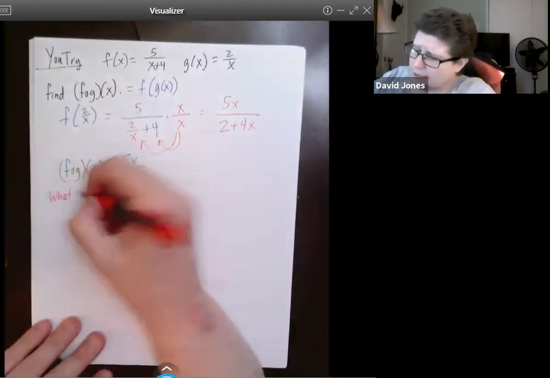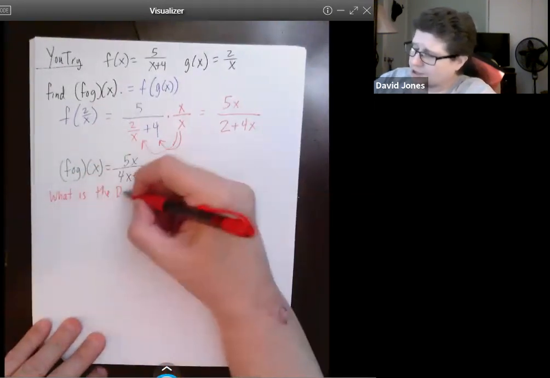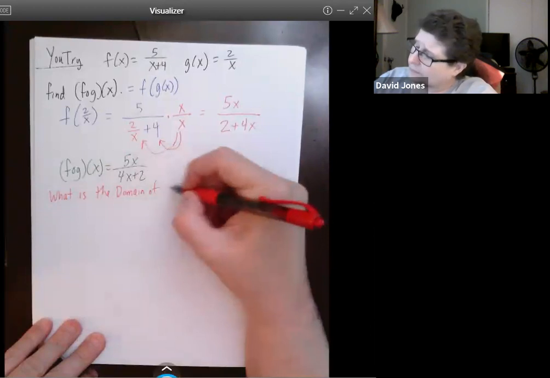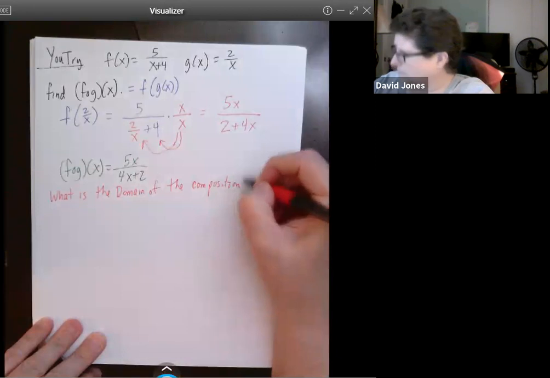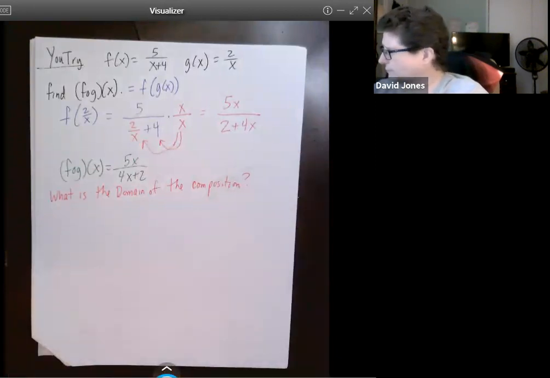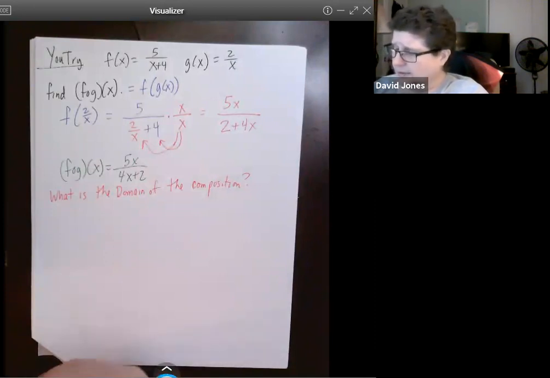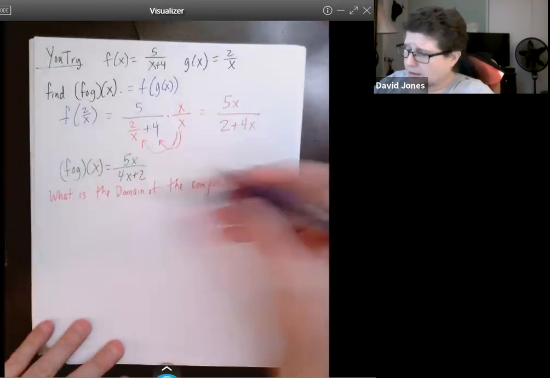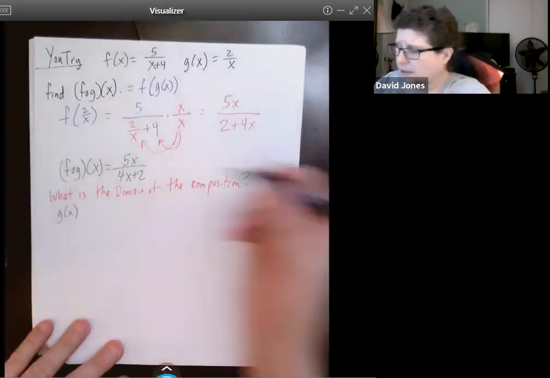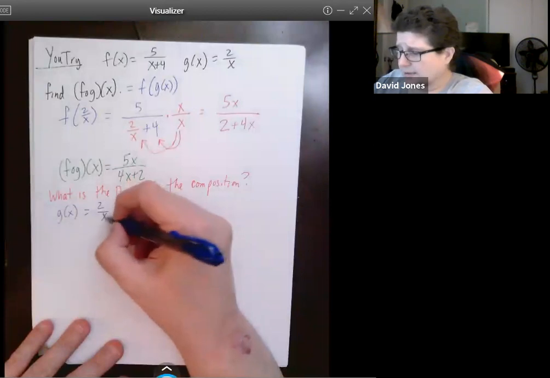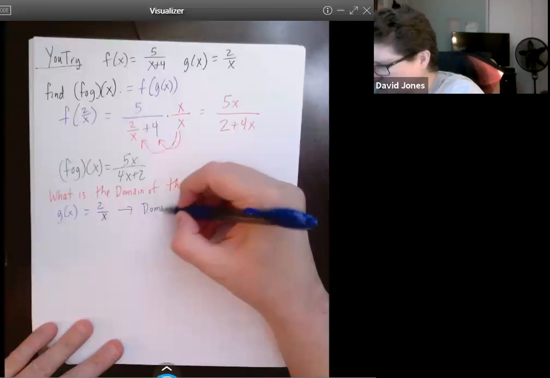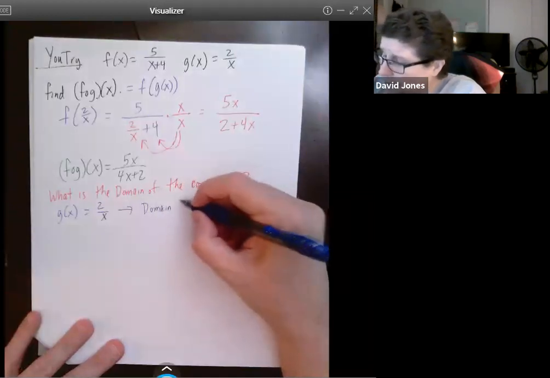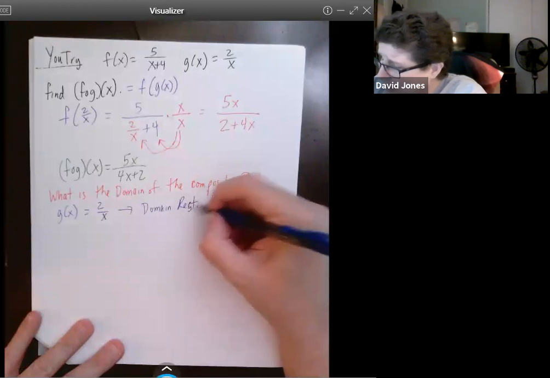Now calculate the domain. What is the domain of the composition? Well, g of x is 2 over x. The domain restriction here is, since we've got a fraction with a variable on the bottom, x cannot equal 0.